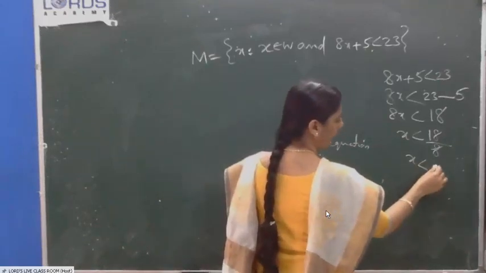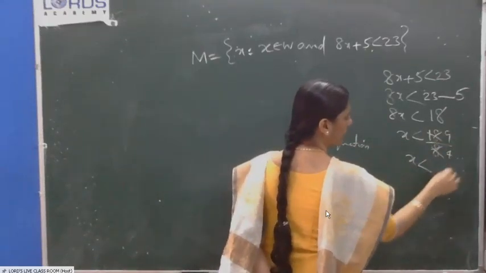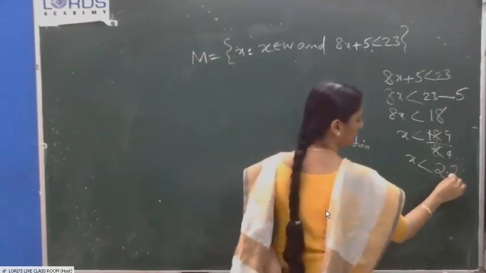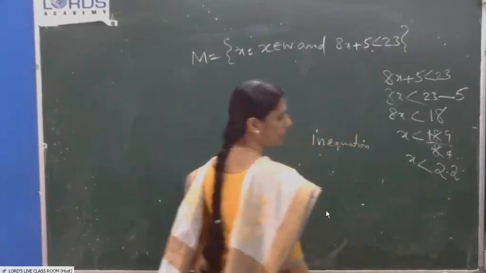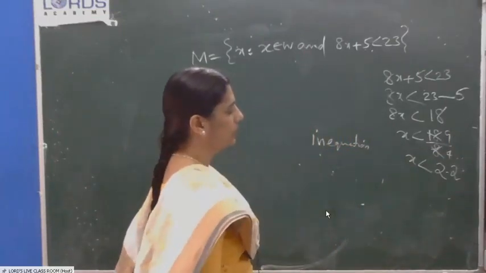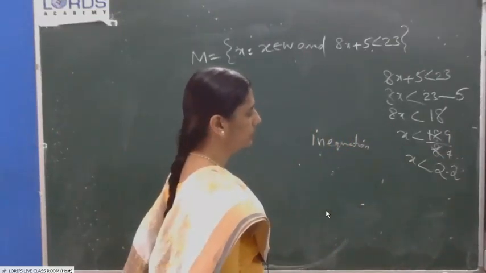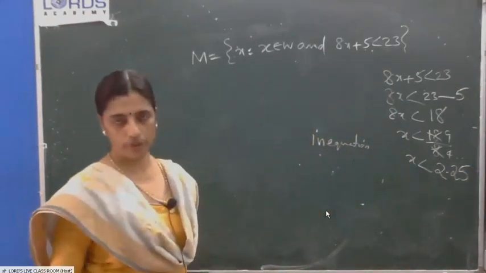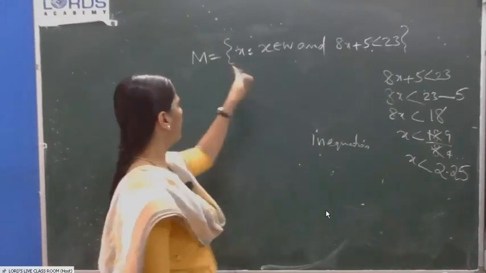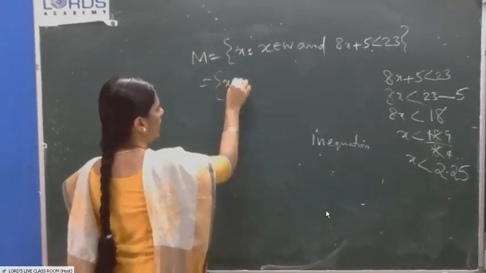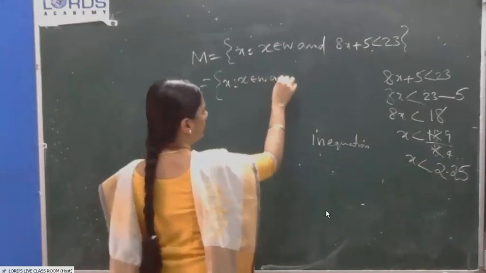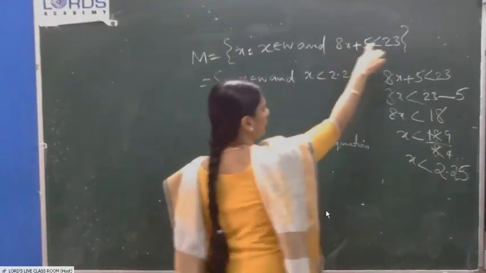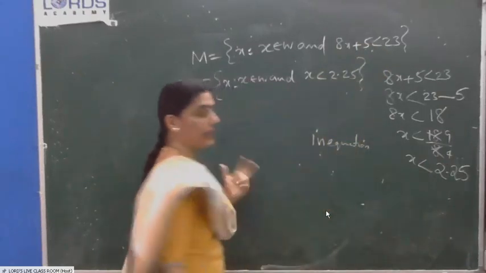X less than 9 by 4, that is 2.25. So I can write this: X such that X belongs to W and X less than 2.25. Instead of the earlier form, I can write this, no problem. Then it will be easy.